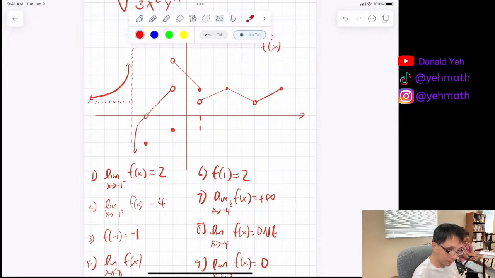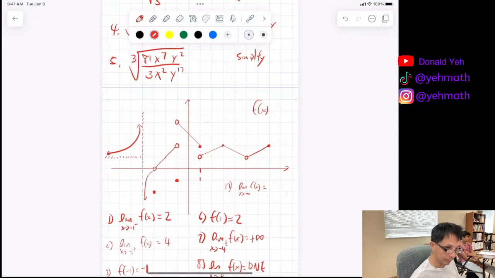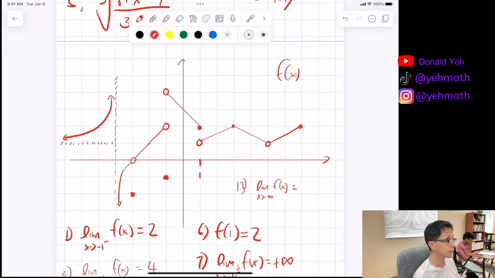Okay. One more thing. What happens when x approaches negative infinity in this case? What happens to the limit as x approaches negative infinity? Nathan. I didn't call you yet. Nope. Yuri?